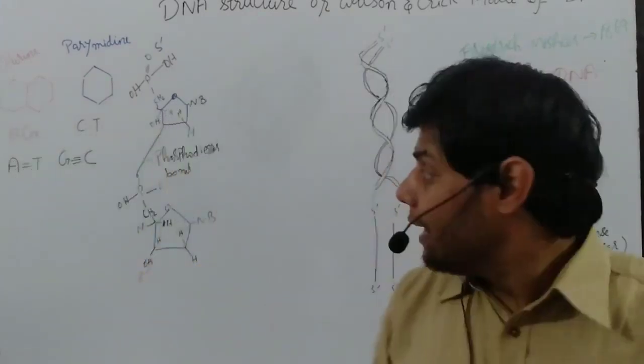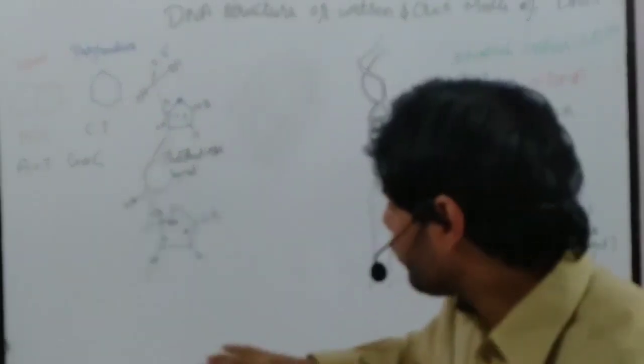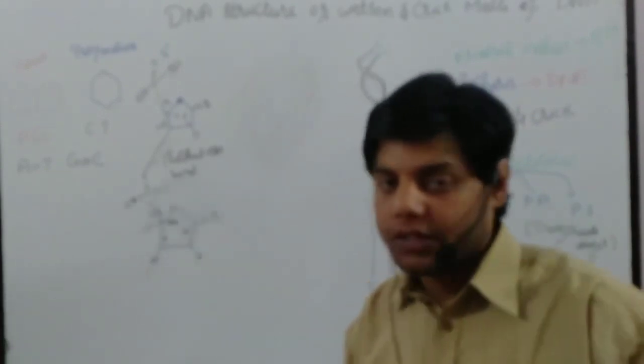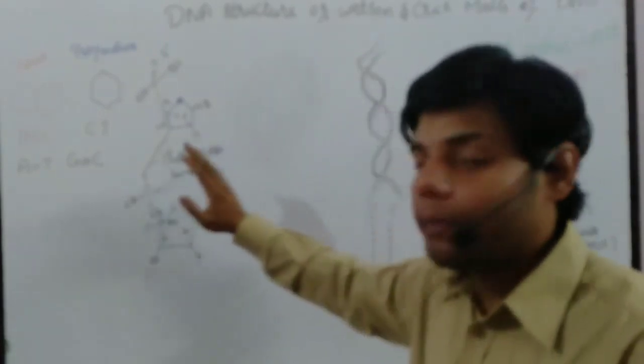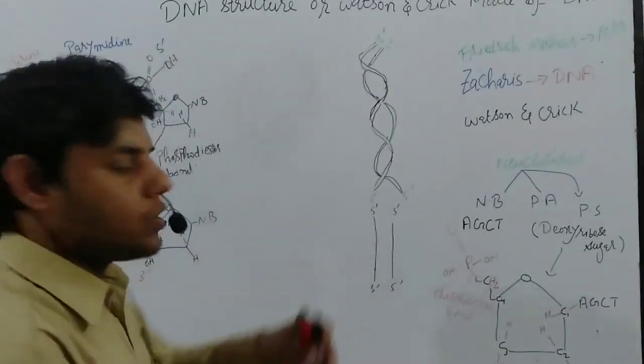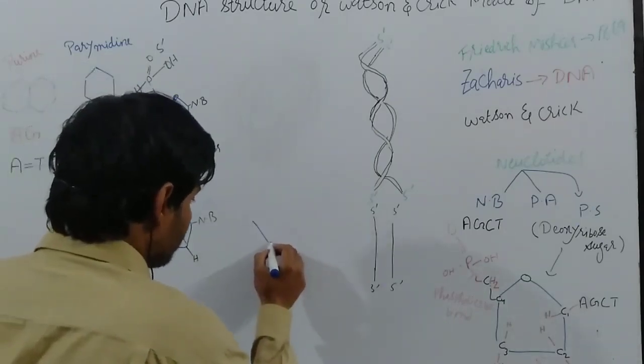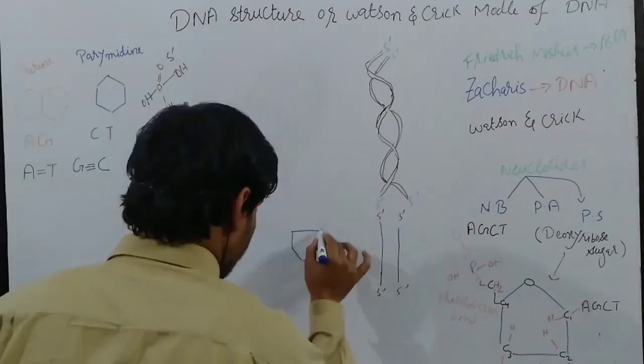Now, as we talked, DNA strands are anti-parallel, so it means the next strand will be opposite to the first strand. So if we draw each nucleotide again, here we will draw the opposite strand. Here we will draw the reverse, just like in this one.